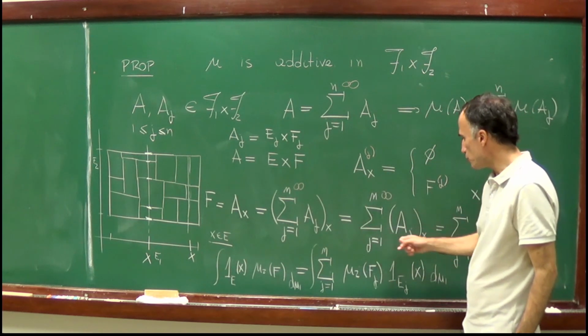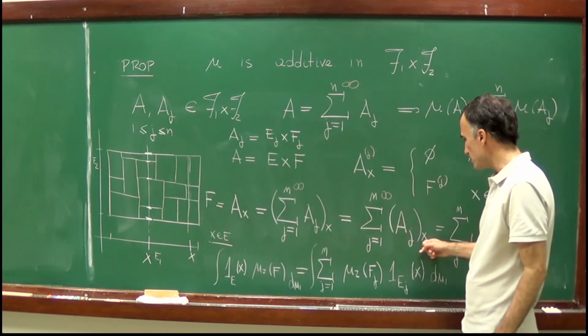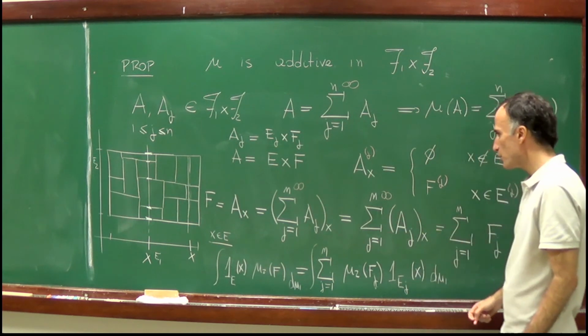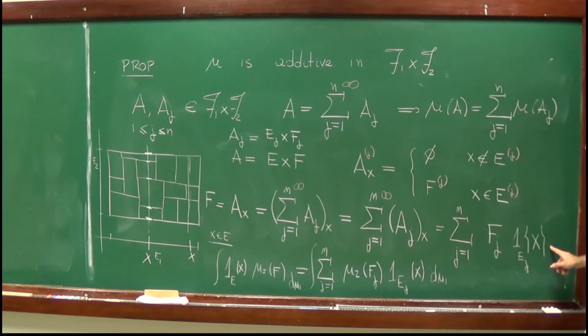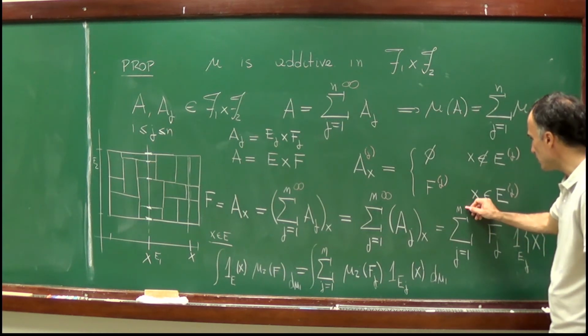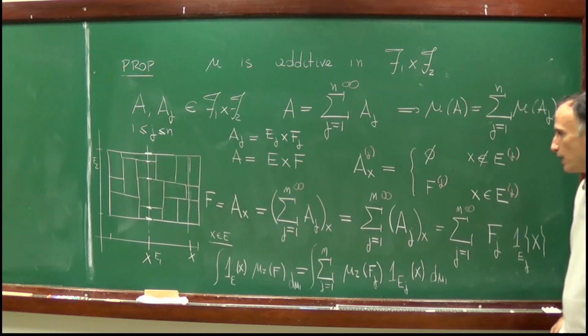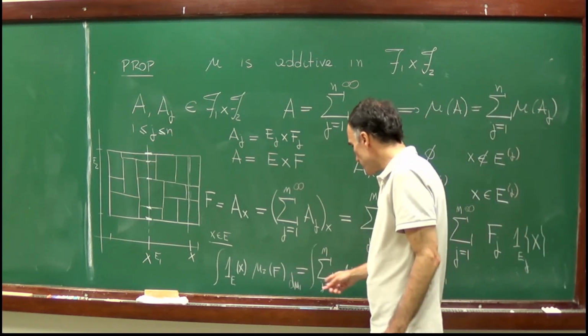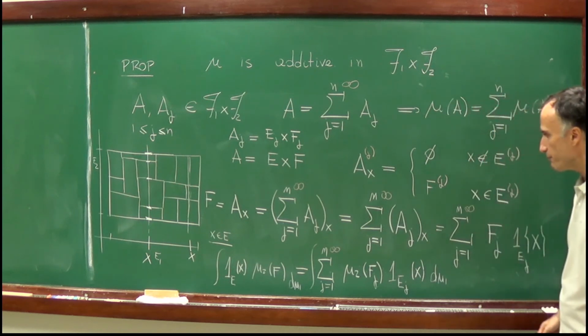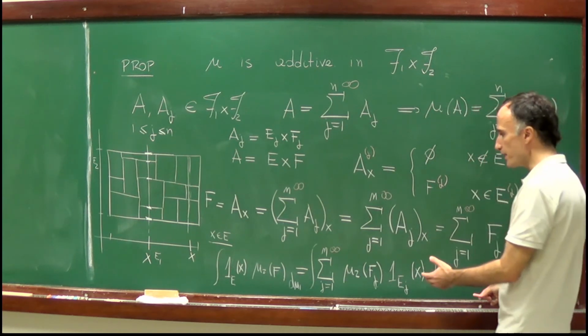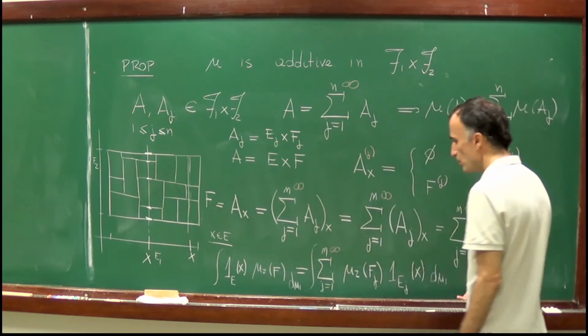The same argument will show that these sections are all disjoint. So we will have this representation with now an infinite sum instead. We can apply the same argument, but since we have an infinite sum instead of a finite sum, we cannot apply linearity again.